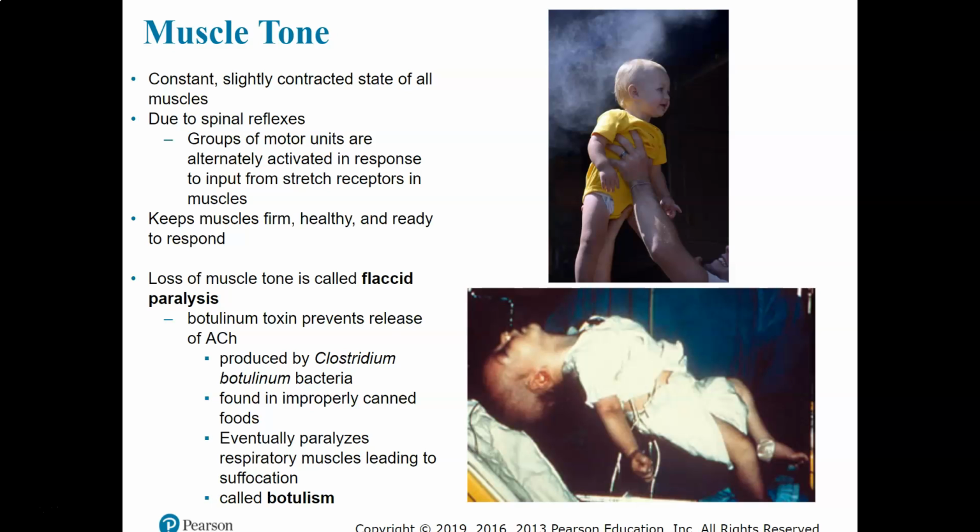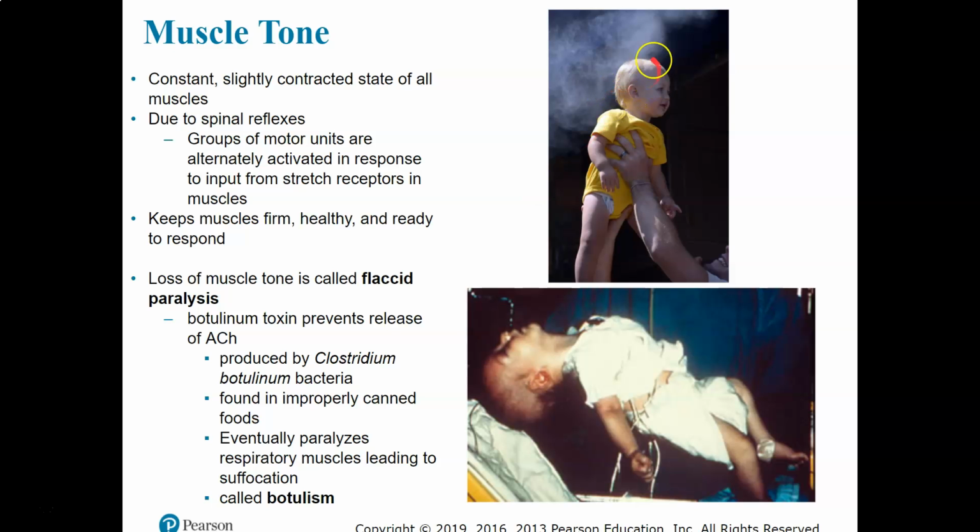We're maintaining our posture. This also helps to keep our muscles firm and healthy and ready to go. Remember, if our muscles get too relaxed, too stretched out, they're not going to be able to contract very strongly. If we have a complete loss of muscle tone, that is called flaccid paralysis.